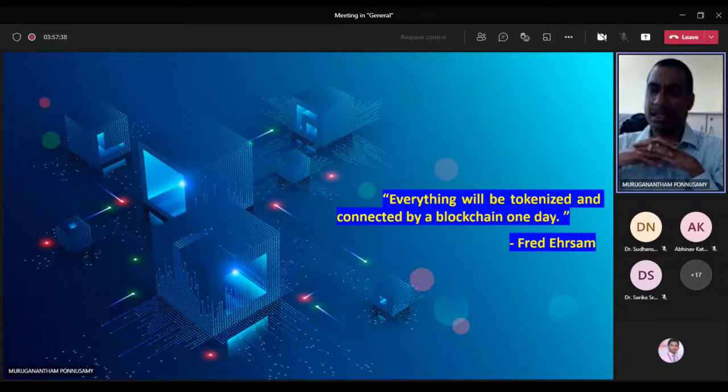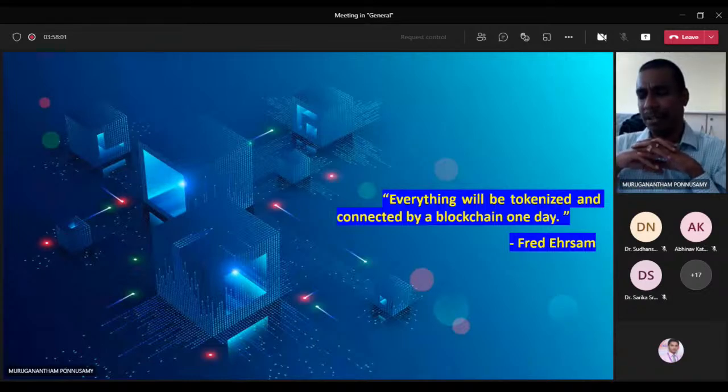Most of the countries, most of the companies, specifically MNCs, have already jumped into this sector. When I have a session on insurance, you may understand that 80% of the insurance companies in the world are already in the process of implementing this technology in their sector.